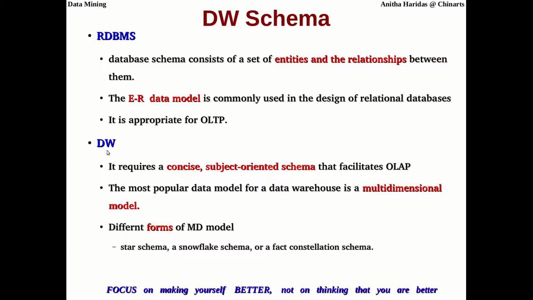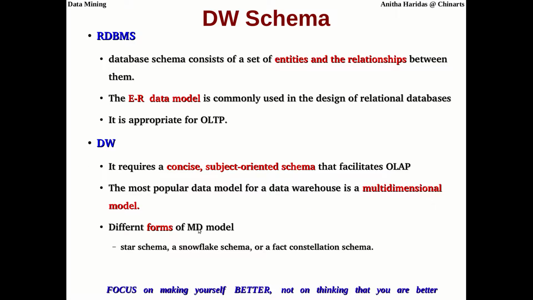Whereas in the data warehouse, we need a very concise and subject-oriented schema that facilitates the OLAP, analytical processing. And the very popular data model for the data warehouse, we all know that it is multidimensional data model.